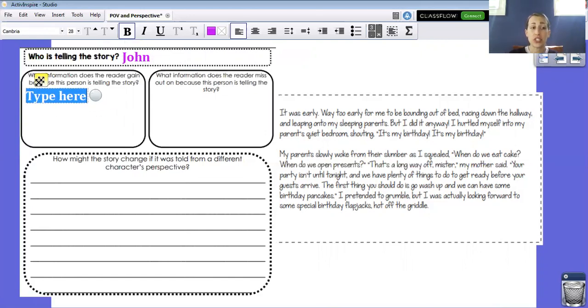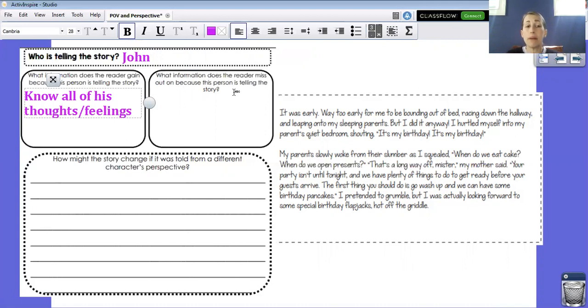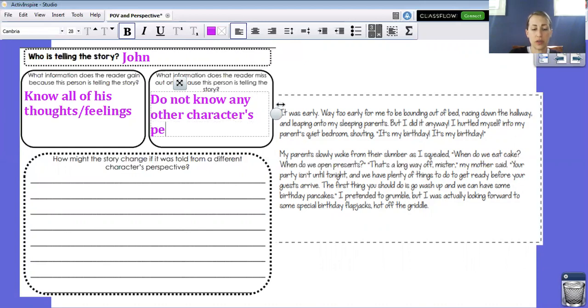Because it's John telling the story, we know all of his thoughts and feelings. But because John tells the story, we do not know what any other character is feeling.